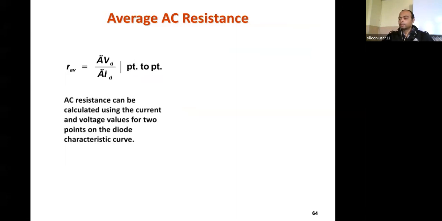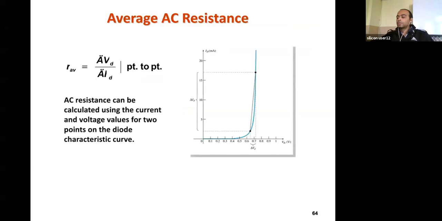As already I have told you, average AC resistance is calculated between 2 points. So let us say this is 1 point and this one is another point. In between these 2 points, how much is the resistance that we want to calculate? We'll basically find out delta VD by delta ID.